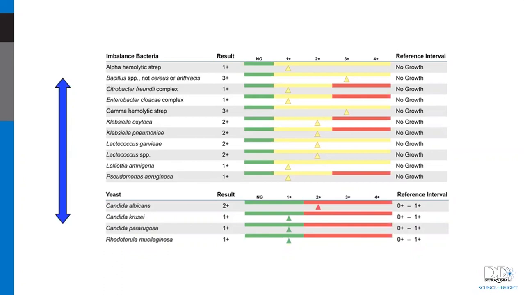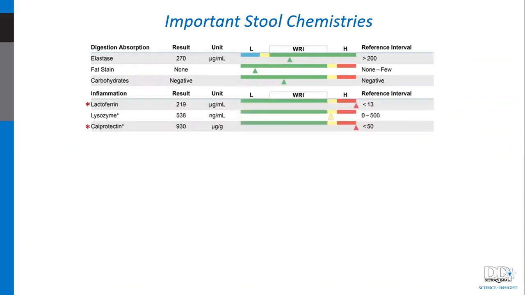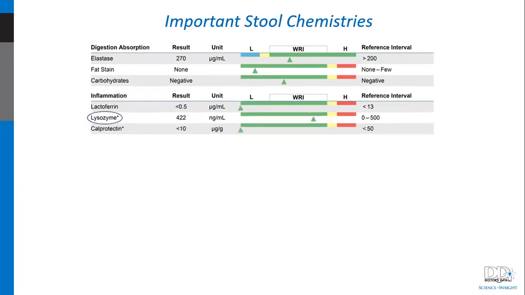And you can't have a truly comprehensive stool analysis without these important stool chemistries: the digestion and absorption markers, the inflammatory markers, both the lactoferrin and calprotectin specific for IBD, and then the distinction between IBD and non-organic inflammatory bowel disease inflammation, as indicated by lysozyme, which is commonly elevated with enteropathogens.